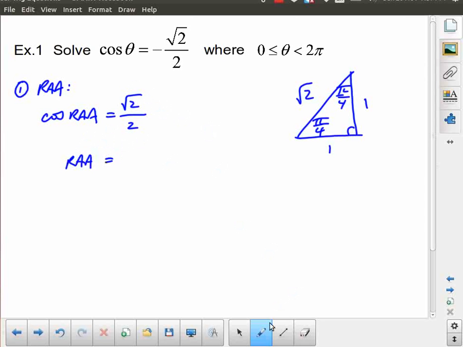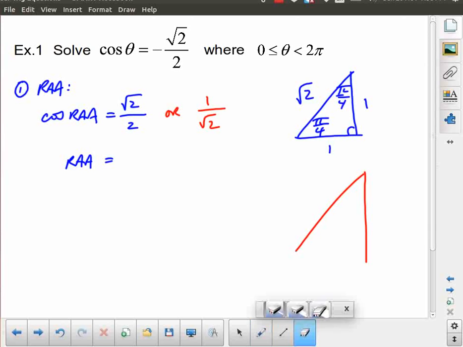or you might have written this as 1 over root 2. It just depends on how you've remembered your special triangle. I typically remember it as the 1, 1, root 2 triangle, but some people would remember this triangle in the following way: 2, root 2, root 2, and pi by 4 and pi by 4.